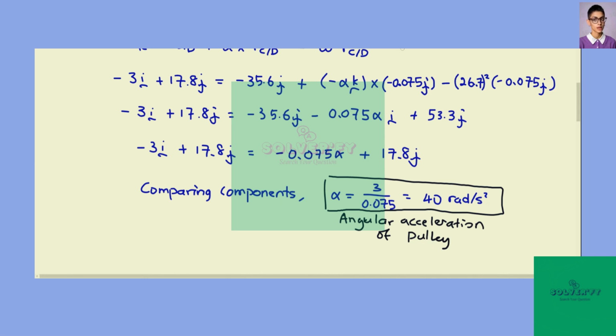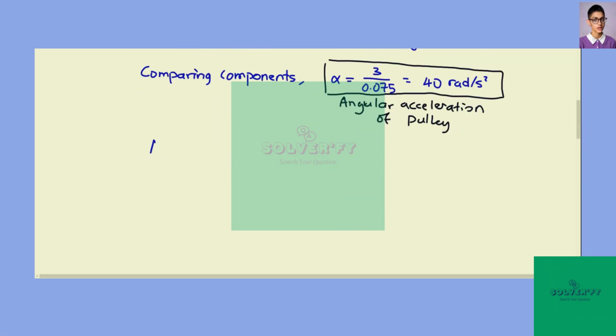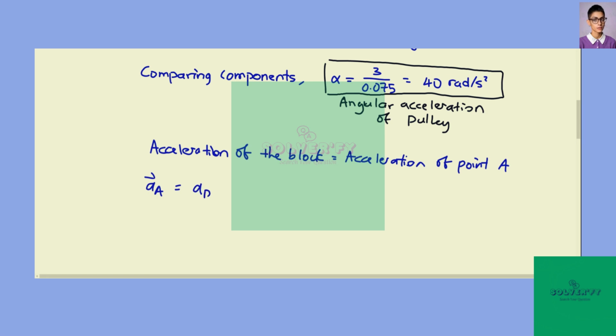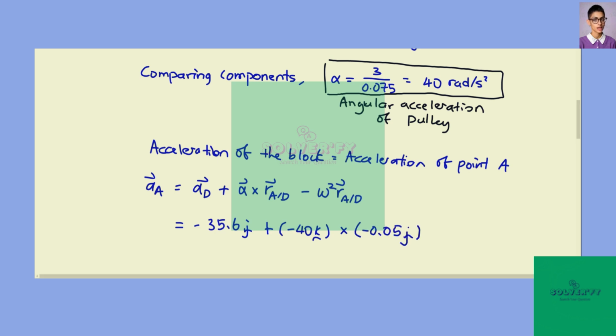Okay, so next we want to find the acceleration of the block. The acceleration of the block is the acceleration of point A. So acceleration of point A is equal to acceleration of D plus alpha cross R of A relative to D minus omega squared R of A relative to D. So this is equal to minus 35.6j plus minus 40k cross minus 0.05j minus 26.7 squared times minus 0.05j.